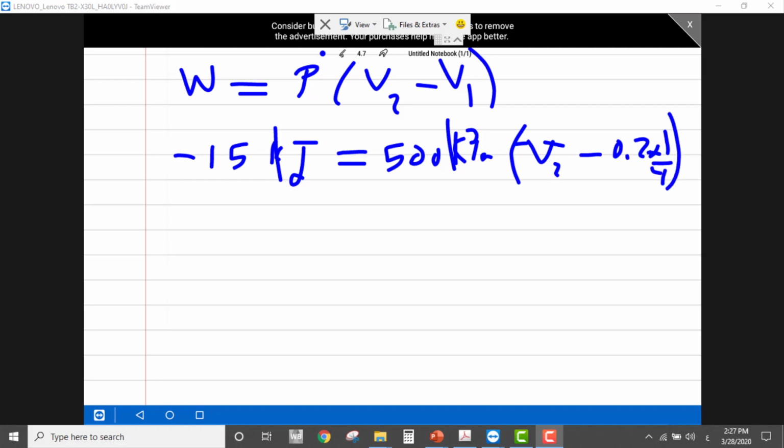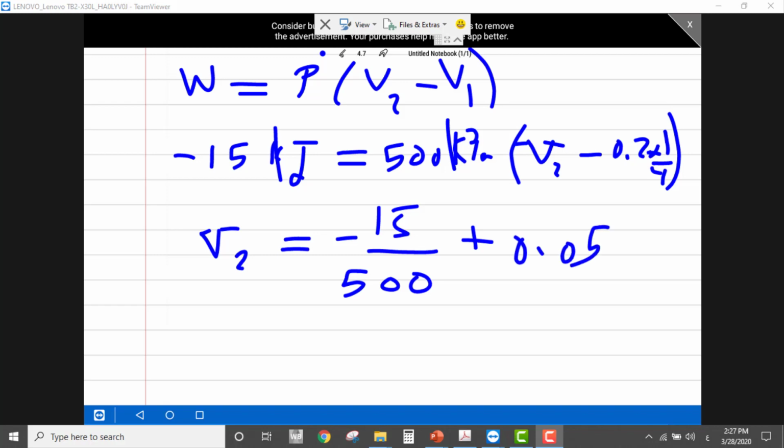And from here you can find that V2 equals minus 15 over 500, plus 0.05.